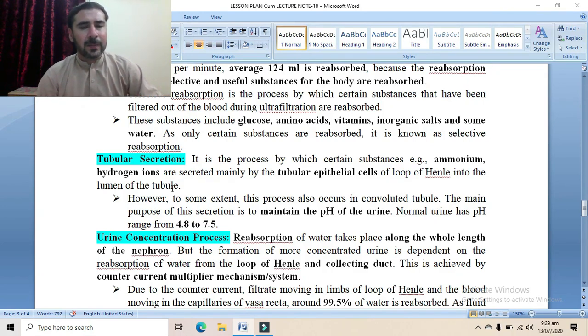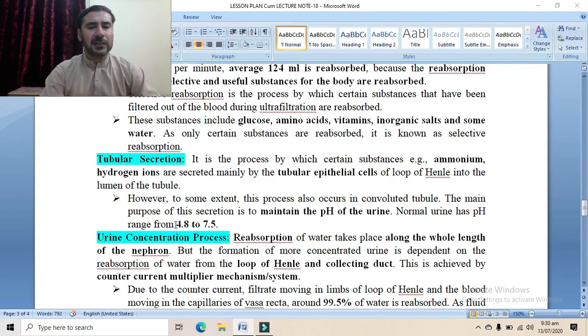So the normal pH range is 4.8 to 7.5. This will be maintained, and for that purpose the hydrogen ions will be released to make the urine a bit acidic, because hydrogen ions cause a bit of acidity. Similarly ammonium ions will be released.